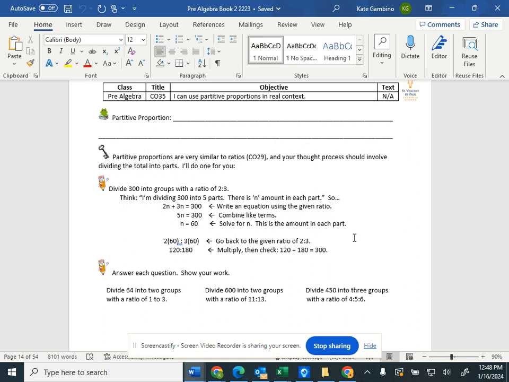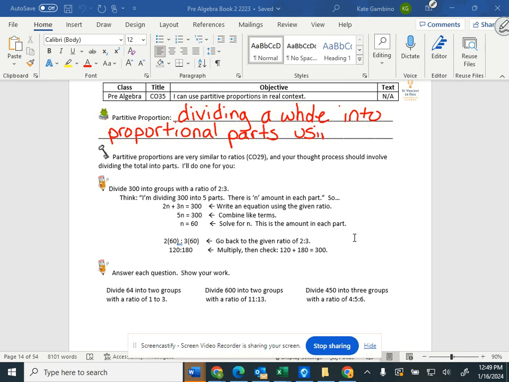So a partitive proportion is, let me turn to the correct page. Okay, it is dividing a whole into proportional parts using ratios.